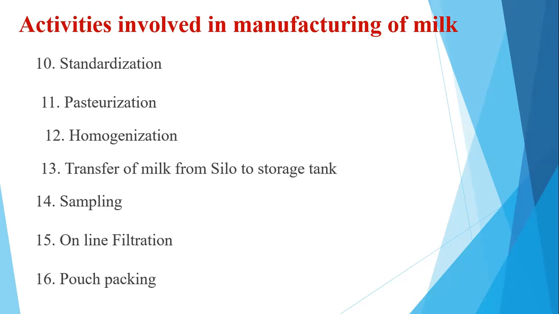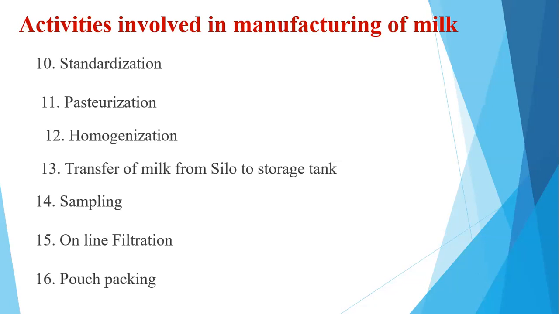Then the milk is transferred from the silo. Now, what do you mean by silo? It is nothing but a tank, a kind of storage tank, bigger or smaller, and accordingly it is called a silo. It is much bigger in volume to accommodate a large quantity of milk.